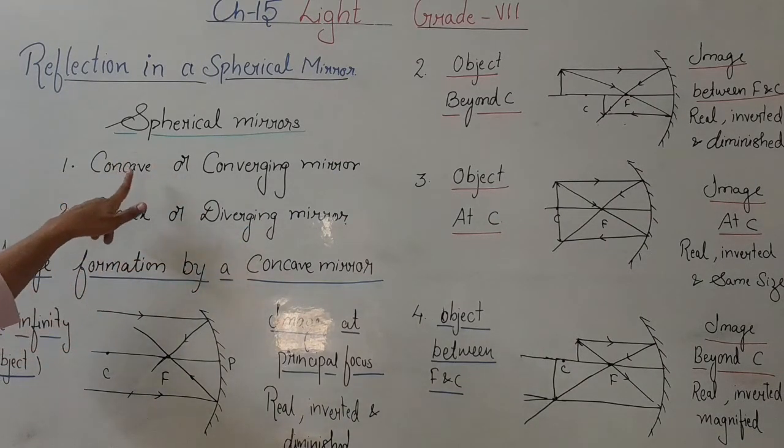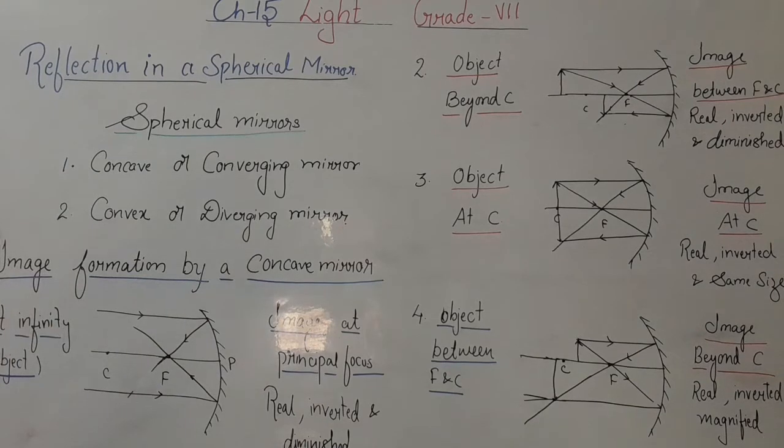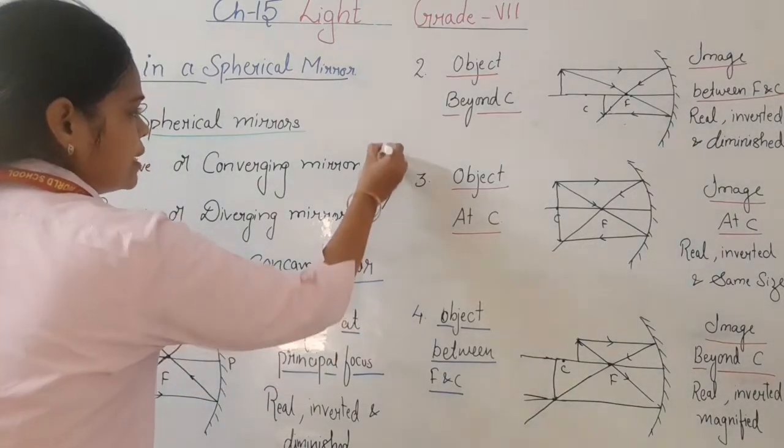A concave mirror is a spherical mirror which is polished from the outer curved side such that its reflecting surface is towards the hollow side. Okay, this is a concave mirror. The concave mirrors are like this.